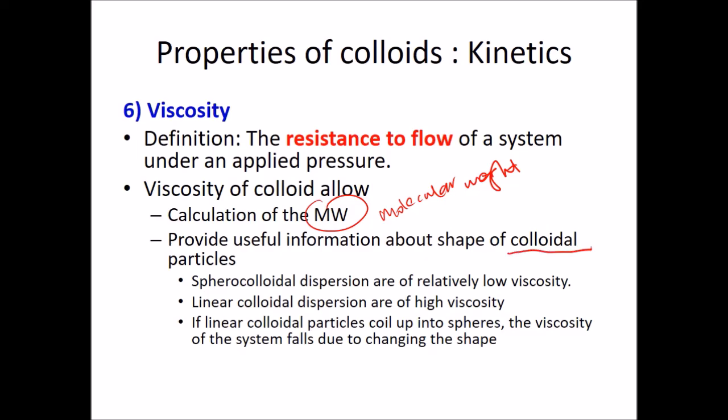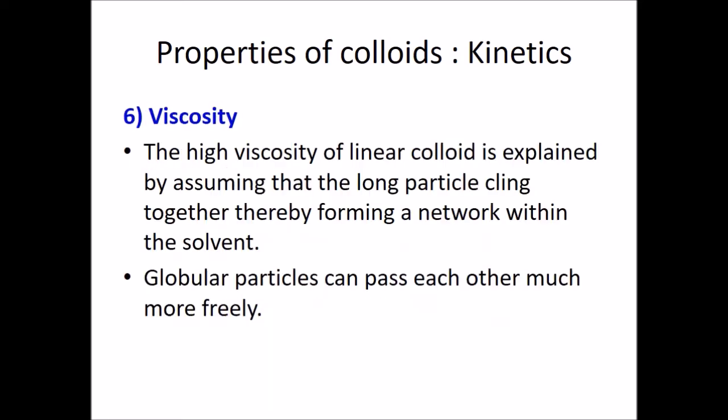For example, when the colloidal particle is spherical in shape, it has relatively low viscosity, and when the colloid is linear, it has a relatively high viscosity, because if the linear colloid coils up into a sphere, the viscosity of the system falls due to the change of shape.